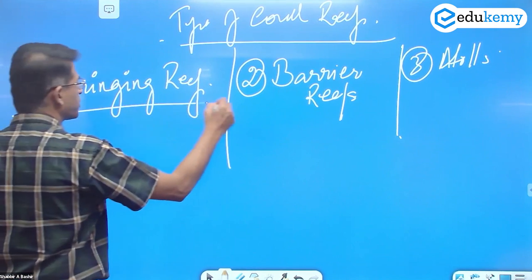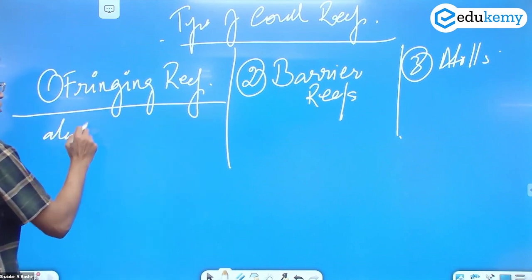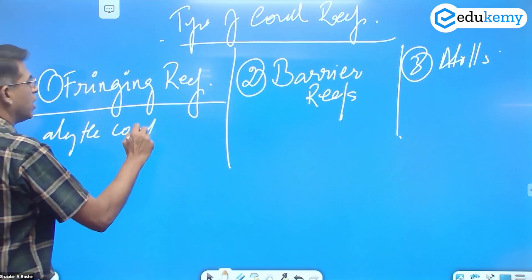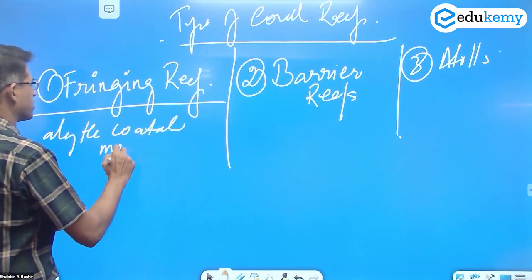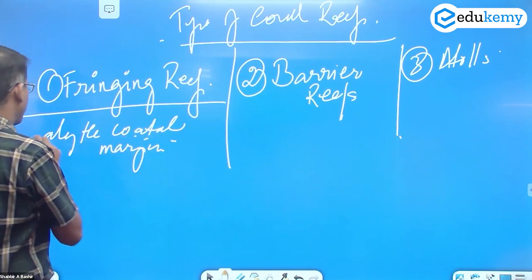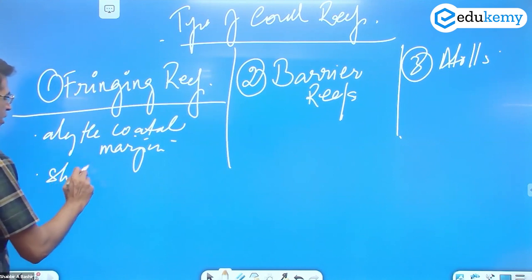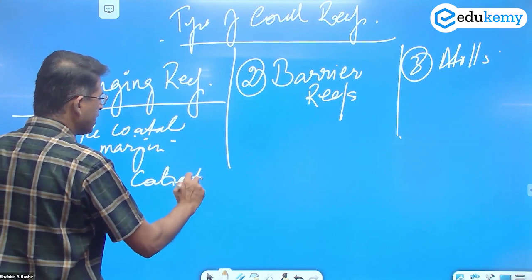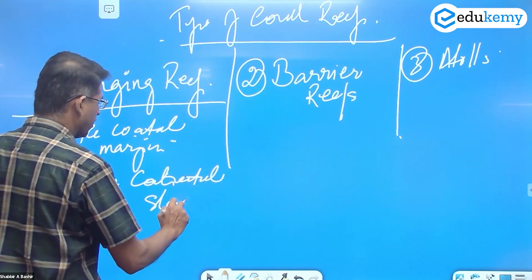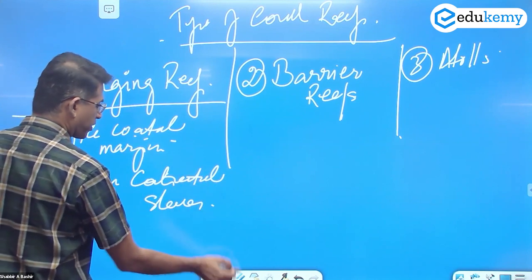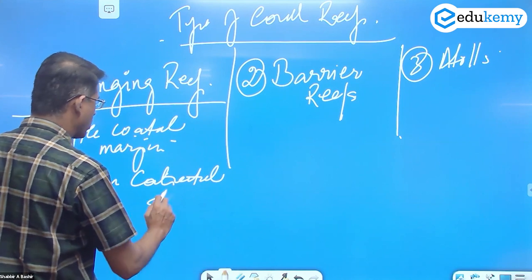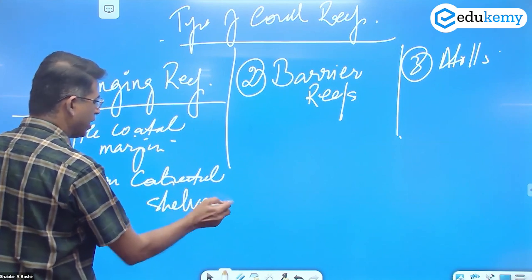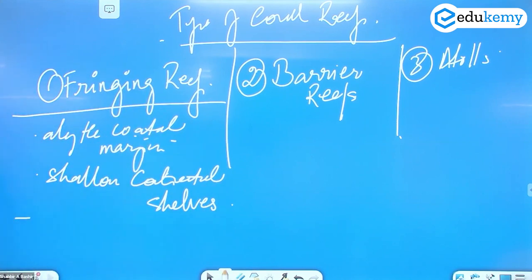Fringing reefs are along the coastal margins. They are found in the shallow, narrow continental shelves.